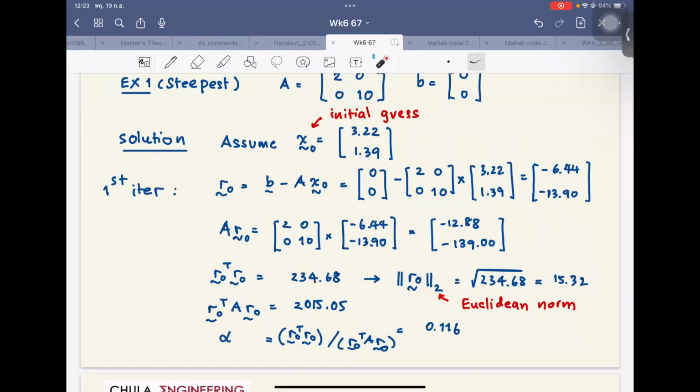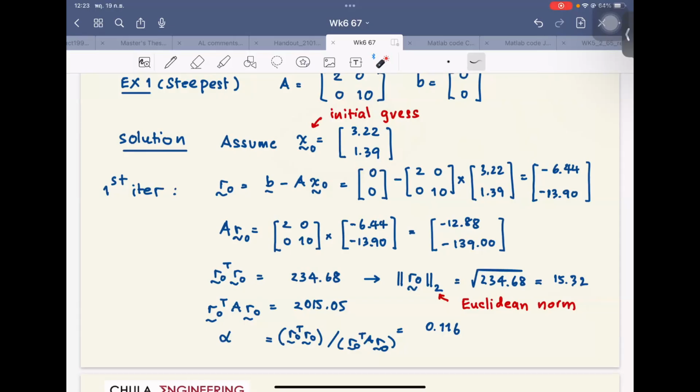Keep in mind that this is the norm. Now, if x0 is your solution, what would the norm be? 0, right? But here it's saying that your initial case is not the true solution because the norm of the residual vector is not 0.